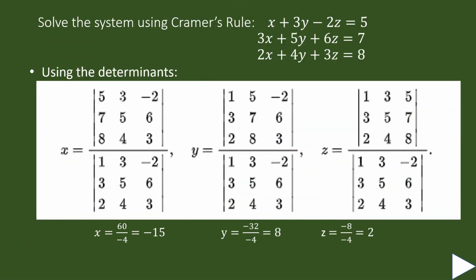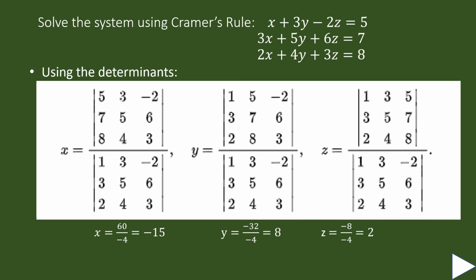Or we can also use Cramer's rule by finding the determinant. The x value will be the determinant of the matrix in which the first column, the coefficient of x, is replaced by the constants, divided by the determinant of the coefficient matrix. If I am trying to find y, the numerator will be the determinant delta y.